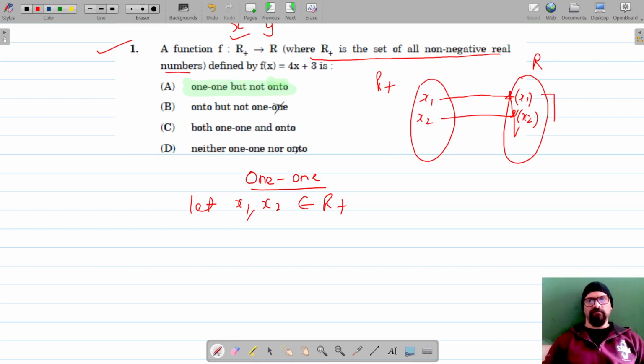So these two are different, and we will equate them, and after equating them, we will prove that these are not two different but the same numbers.